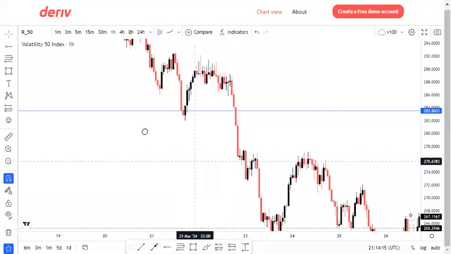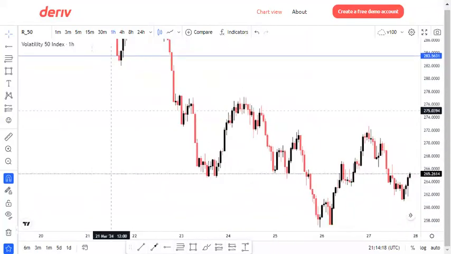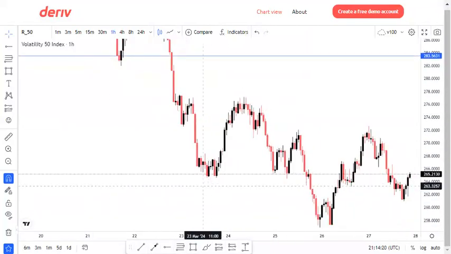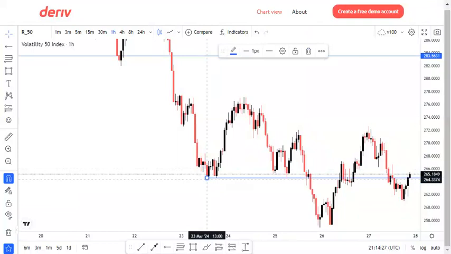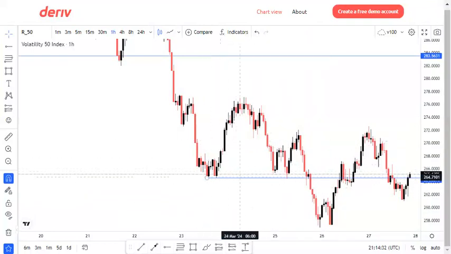And remember, I once told you, if the market is ranging in the same place like this one, where most of the traders are waiting to buy at this level.